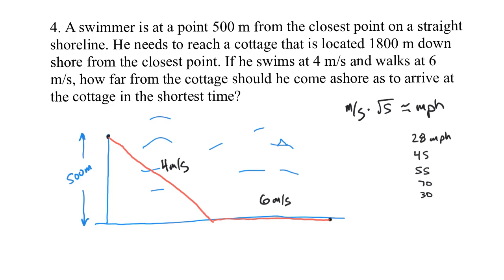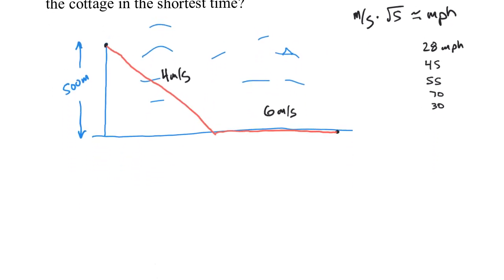So we've basically got this situation. Let me move this up a little bit here. So we've got 1,800 meters here. And we could think of this as being a right angle. And we want to know basically, where's this point? Where is that point right there? So we've got this point here on shore.